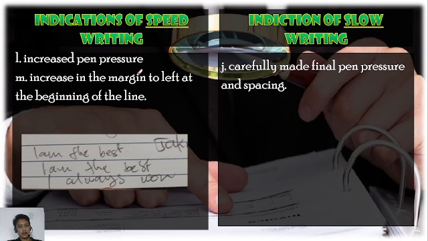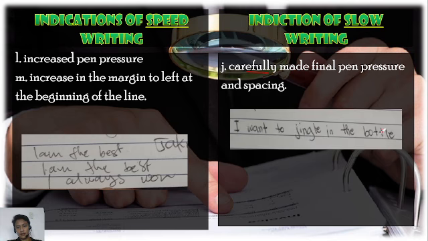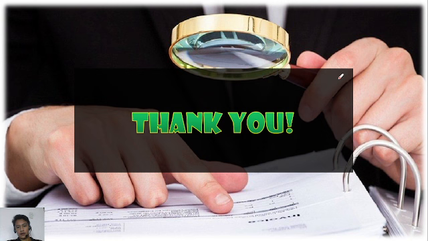Okay, so there is a relaxation and there is also emphasizing of a pressure and carefully made final pen pressure and spacing, or there is a blunt ending strokes that are being formed. Okay, so overall, those are the indications that we can commonly observe to differentiate fast writing and slow writing.